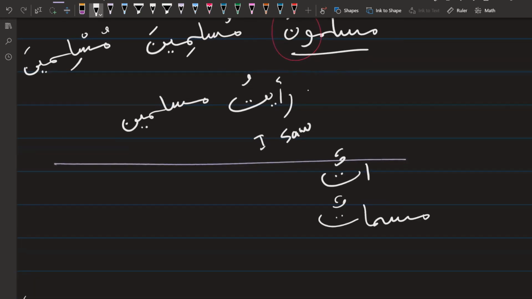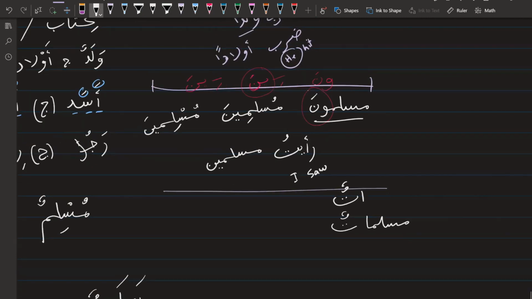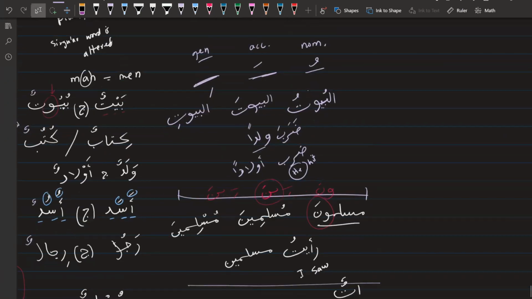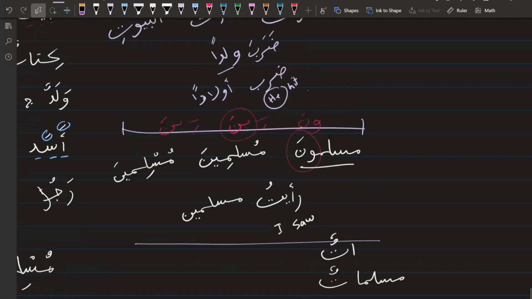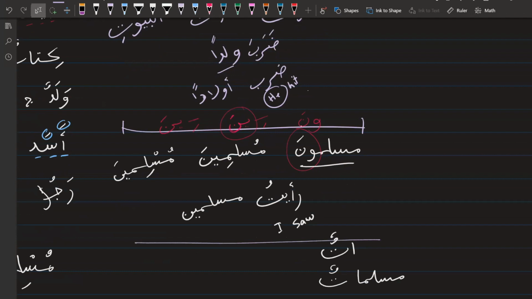For example, we have muslimatun. Simple. What did I write? My lam is missing. Muslimatun. Okay, this is how we do it in the nominative case. Simple. And as you can see, this is also similar to what we had for the mufrad, the singular: muslimun, waladun, kitabun.